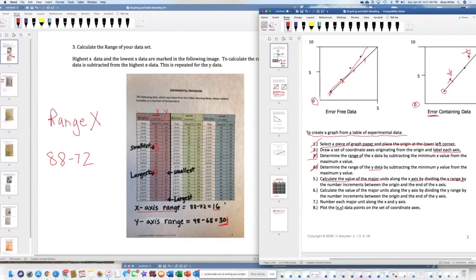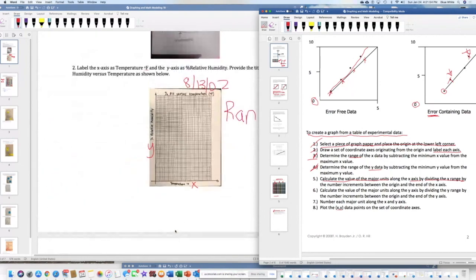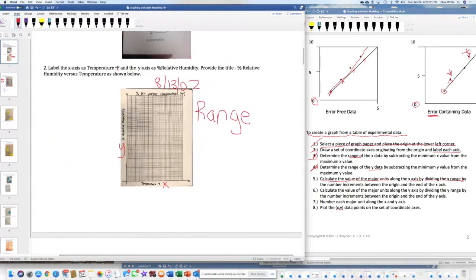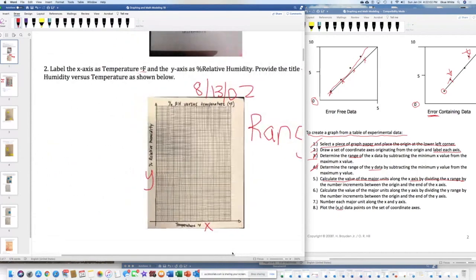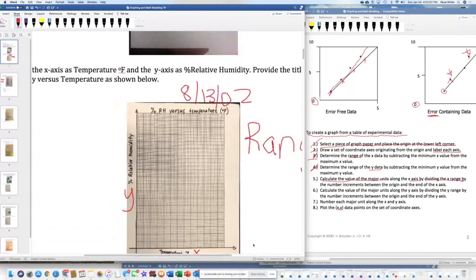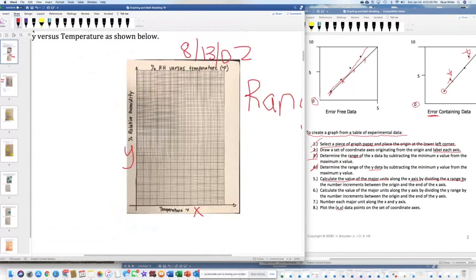Mind you, this is based on my graph paper. Once you have your graph paper, it might be different. Let me scoot this over to the right and make this bigger because I need to see this better. Let me make this a little thicker.